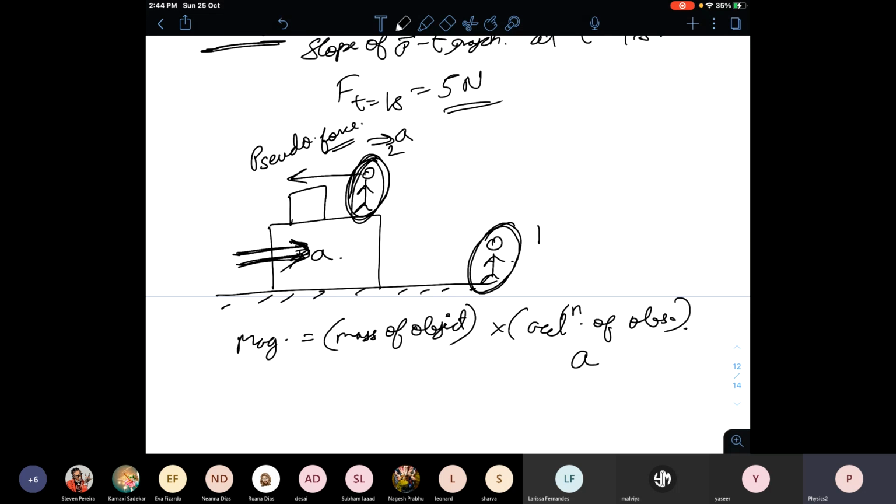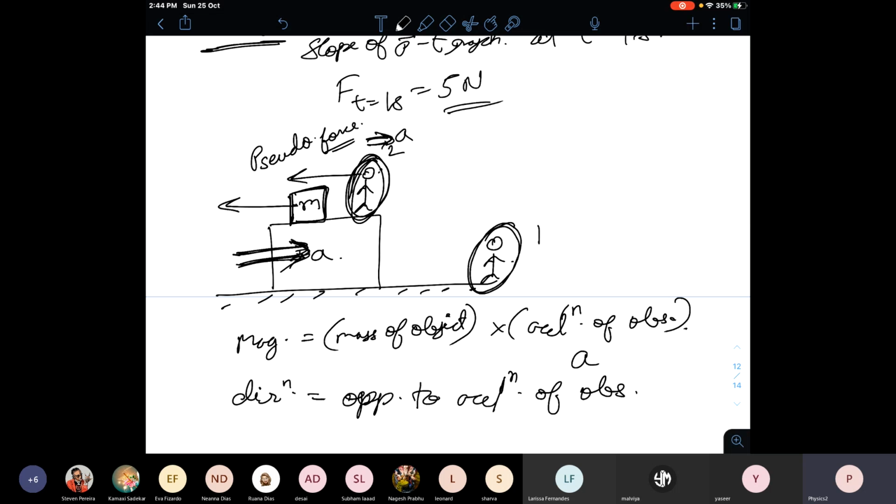Now suppose I am asking this second observer to write the forces on the smaller mass. He will add a new force, that is pseudo force, with a direction. The magnitude is this, and the direction is opposite to the acceleration of the observer. The observer is accelerating in the front direction, but the pseudo force is acting in the opposite direction.